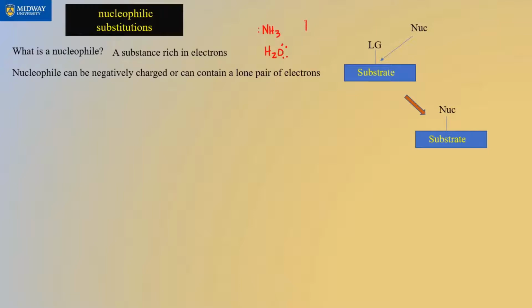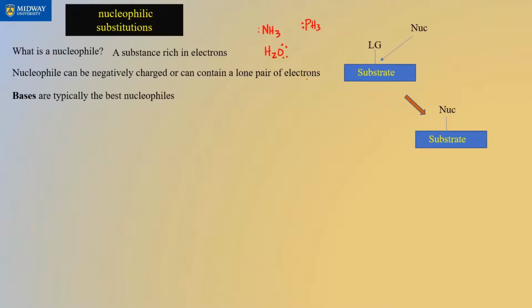Phosphine, PH3, has a lone pair of electrons. All of these elements are neutral, but they have an abundant supply of electrons. And these can generally donate their electrons to some other element. That's why they're called a nucleophile. When they donate, they end up attacking the carbon containing whatever group it's donating the electrons to. So a nucleophile can be either negatively charged or it can contain a lone pair of electrons. In that case, it will be neutral.